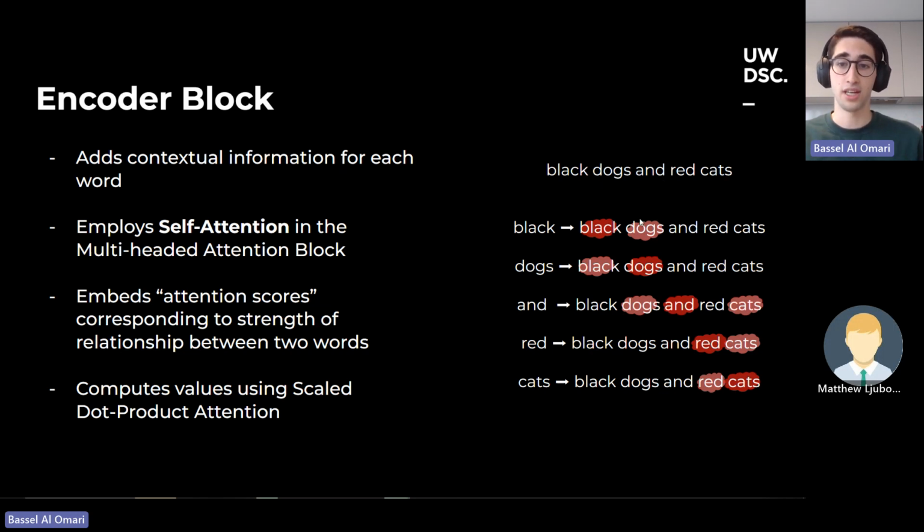So for the word black, you have a high attention score for the other word dogs and low attention scores for the other words in the sentence. Similar thing for dogs. It's pretty related to black, but it's not related to the other words in the sentence. So the attention score for black is higher. The attention scores for the other words in the sentence are much lower.